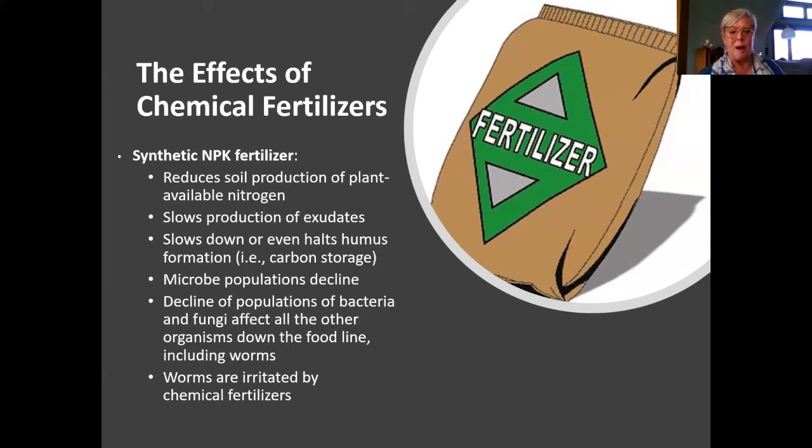So when your micro population declines, you get a decline in all of those things that are going on in terms of the dispersal of nutrients among your plants. And it goes right on down the line until you are also reducing your worm population as well. And worms are definitely irritated by chemical fertilizers.